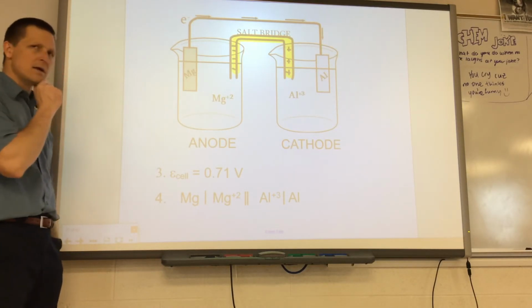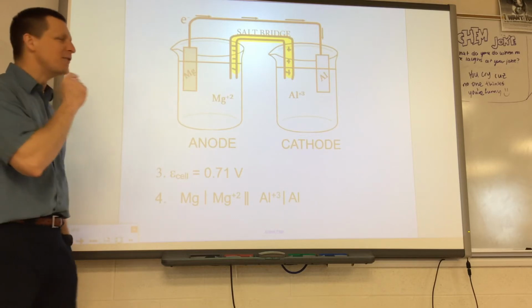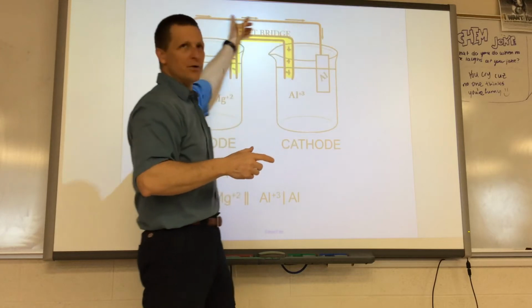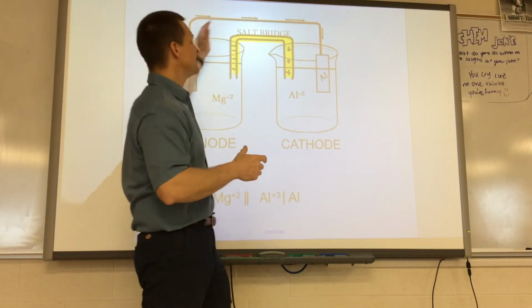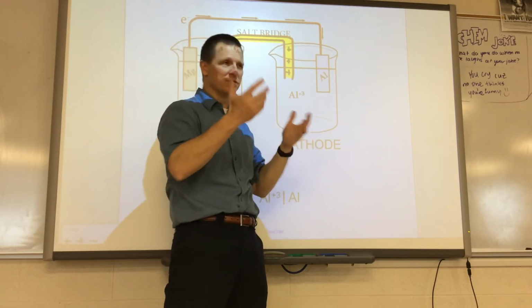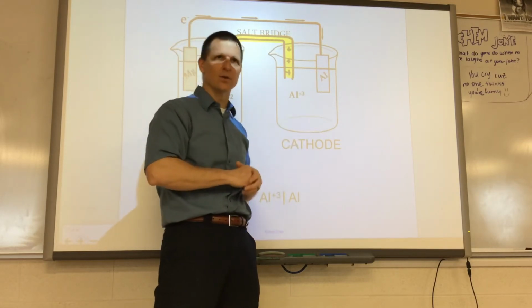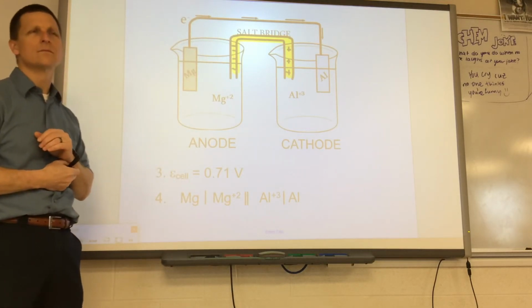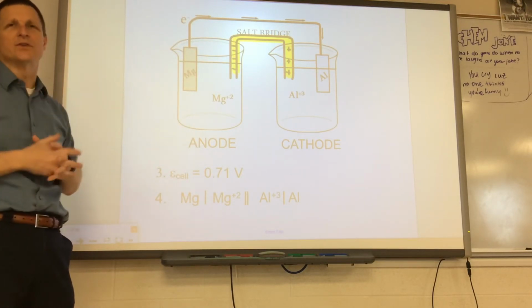So if it wasn't and you just did this, would it just not happen? If it's not a spontaneous reaction, the electrons would flow the other direction. If it's non-spontaneous in this direction, it'll be spontaneous in that direction. So a current will flow, it'll just give you a negative voltage because the electrons are going the other way. What would a negative voltage feel like?